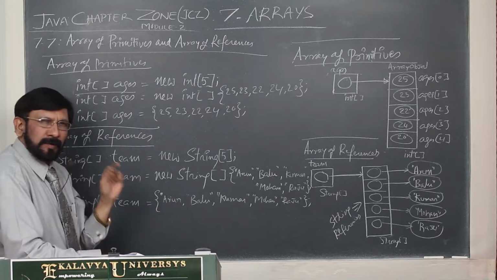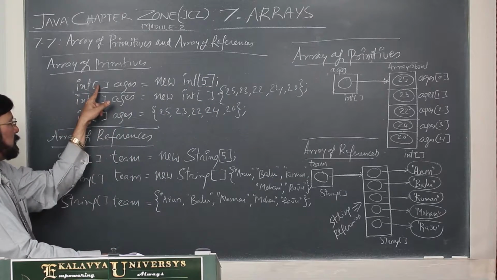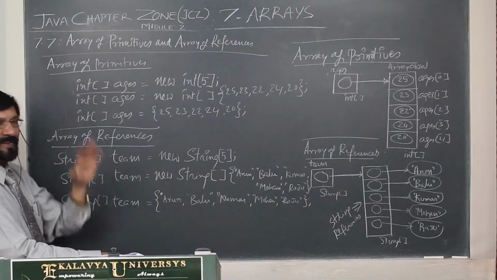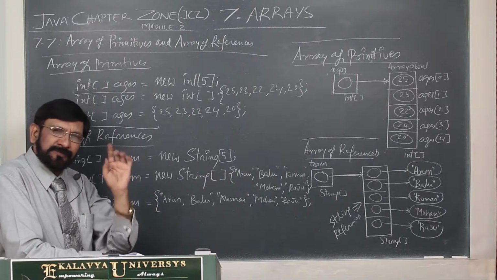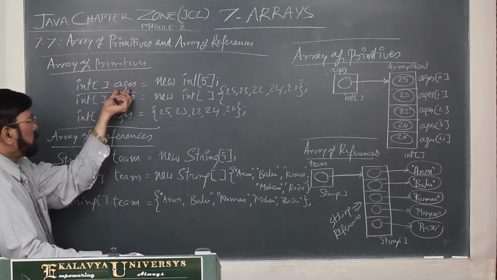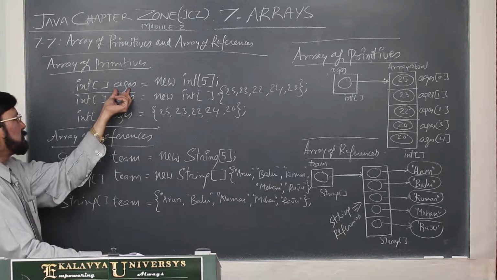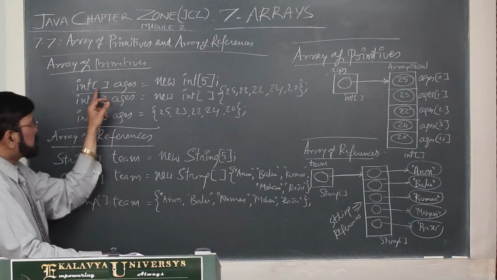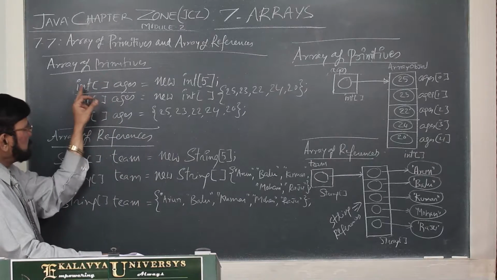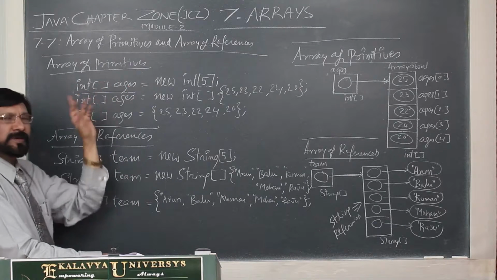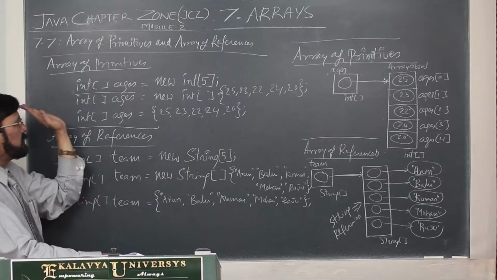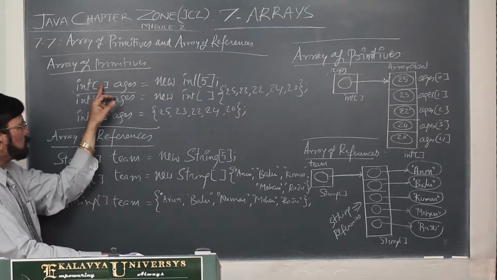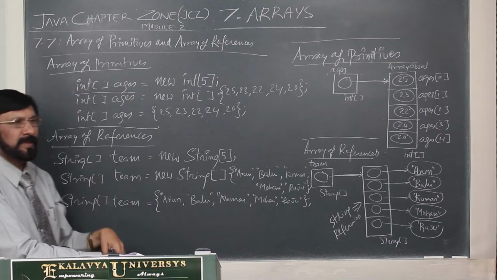And once again I am telling you, here you should not mention the size because it is a mere reference variable. Its name is ages and its type is int array. That's all. It is representing the type of ages. So this is int array. That's why you should not give size here.